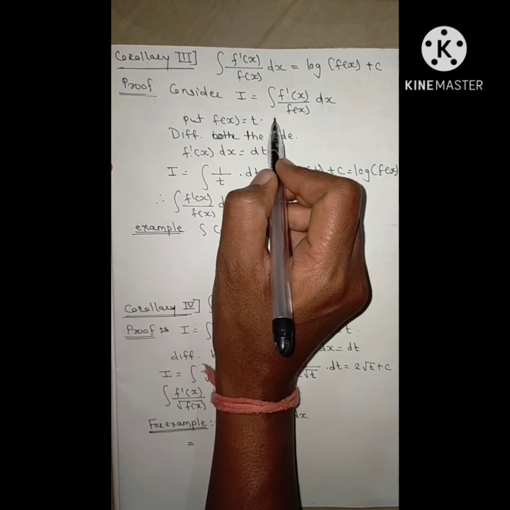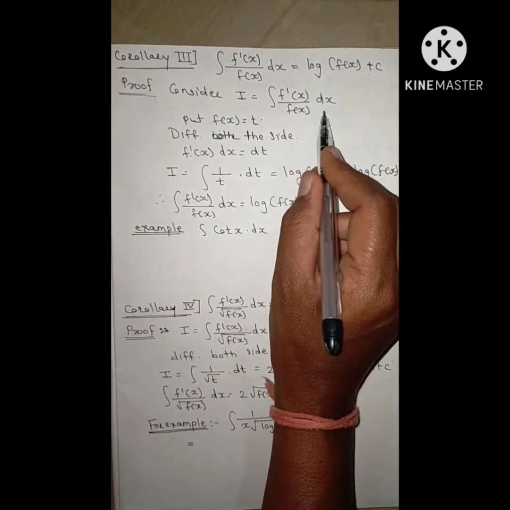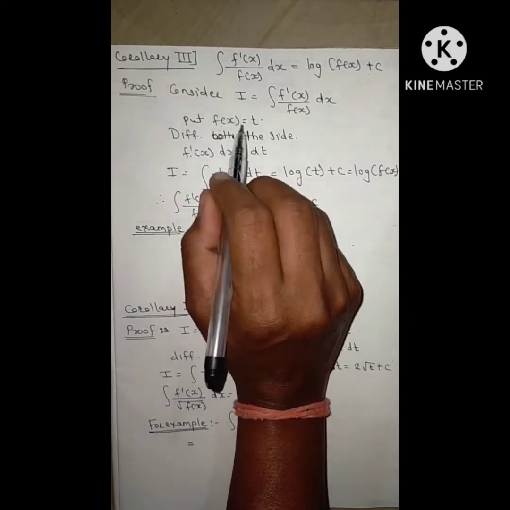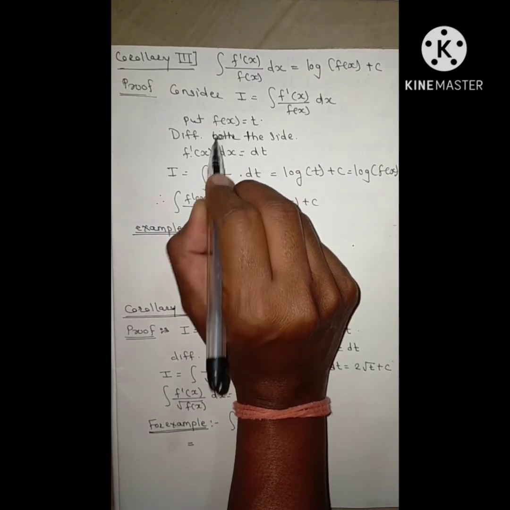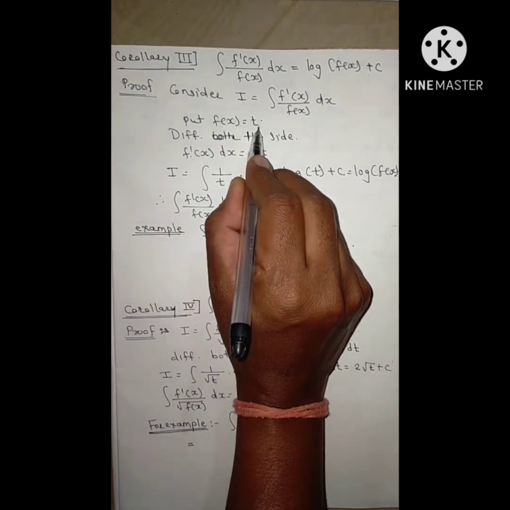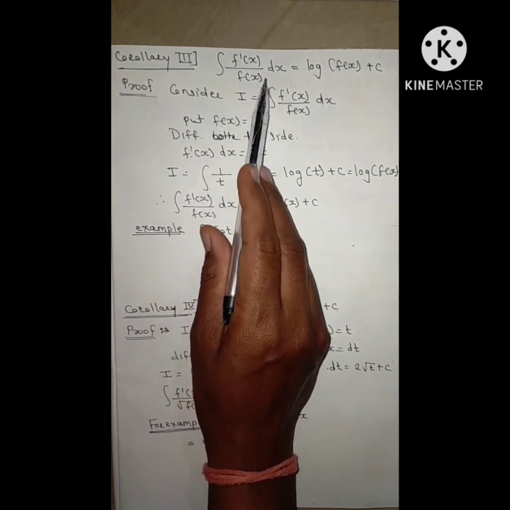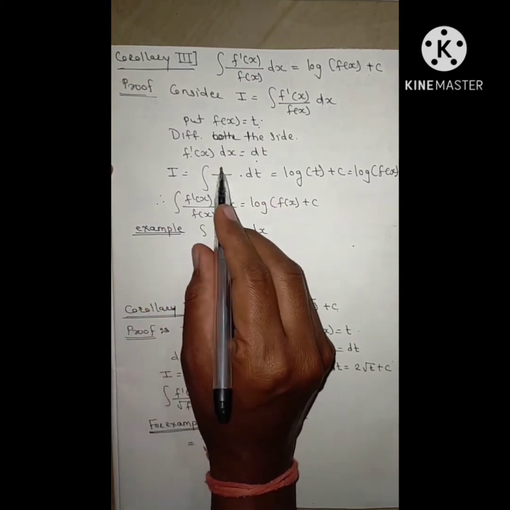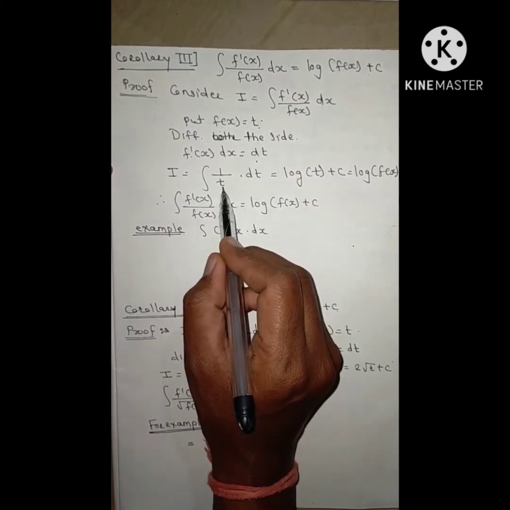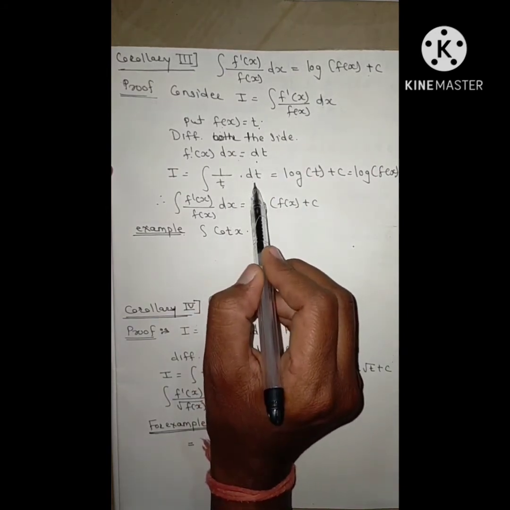Okay, now consider I is equal to integration f dash x divided by f of x into dx. Put f of x is equal to t and differentiate both sides. Derivative of this f of x is f dash x dx, which is equal to derivative of this t, that is dt. Now substitute this value in this integration. Therefore I is equal to integration, that is f of x is equal to t and f dash x dx, value of this is dt by t.